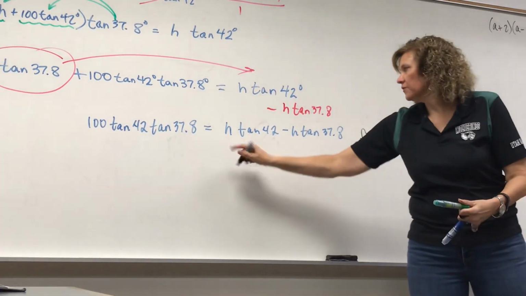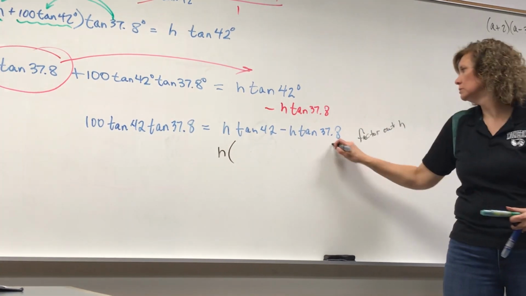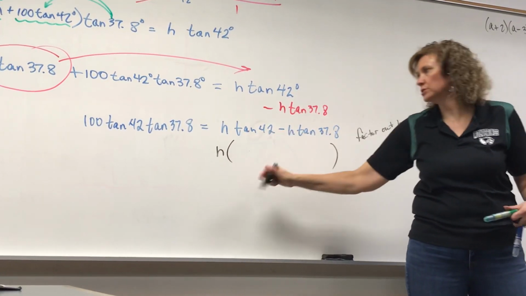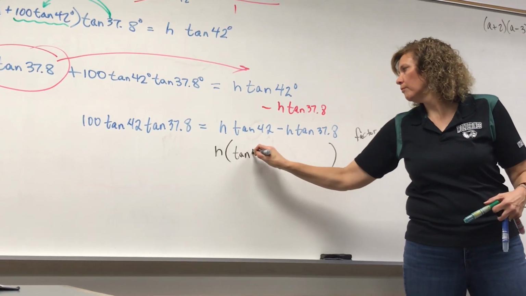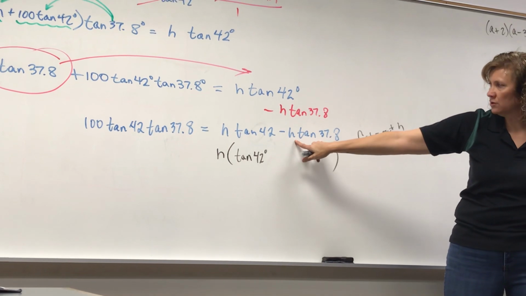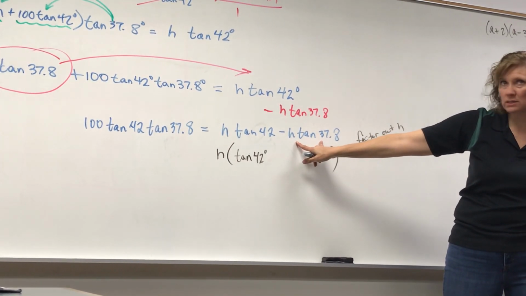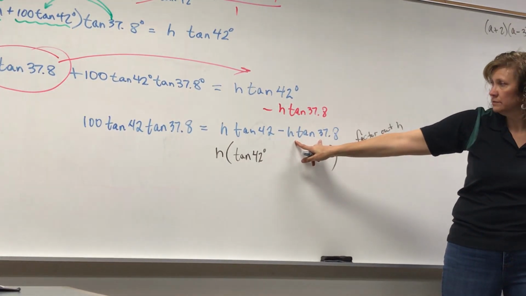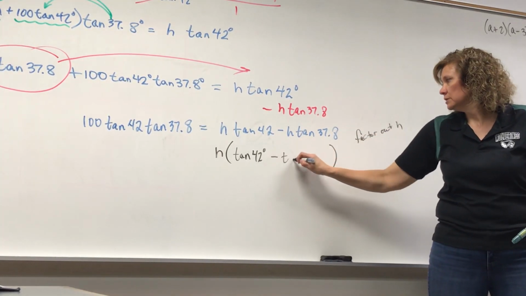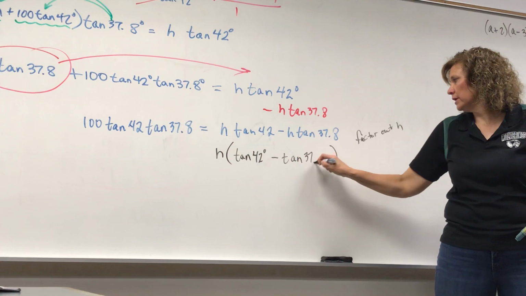So if I pull h out of this, we're left with the tangent of 42. My next value that we're factoring the h out of is this here. They're separated by the subtraction sign, so now we just have minus the tangent of 37.8.